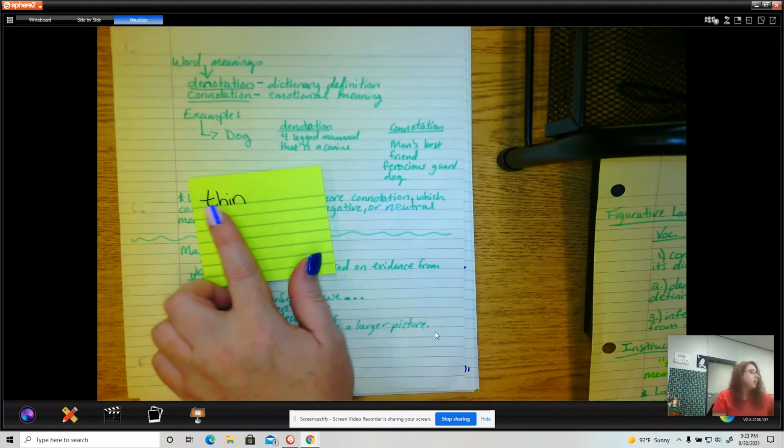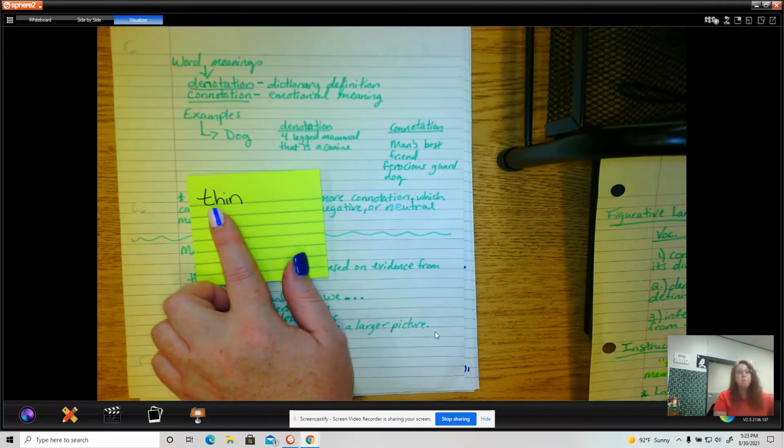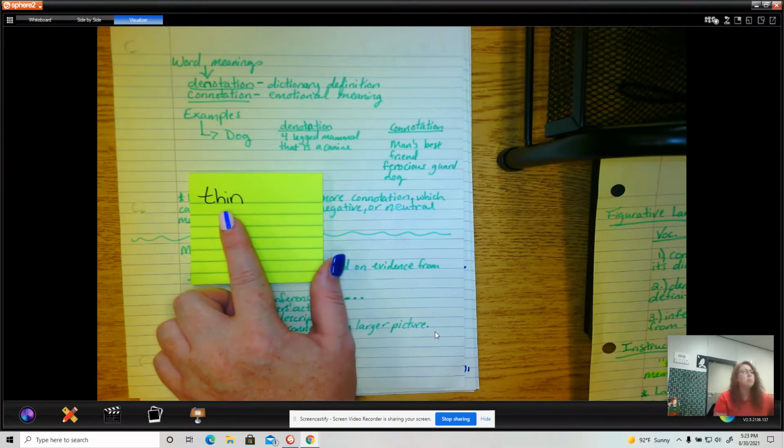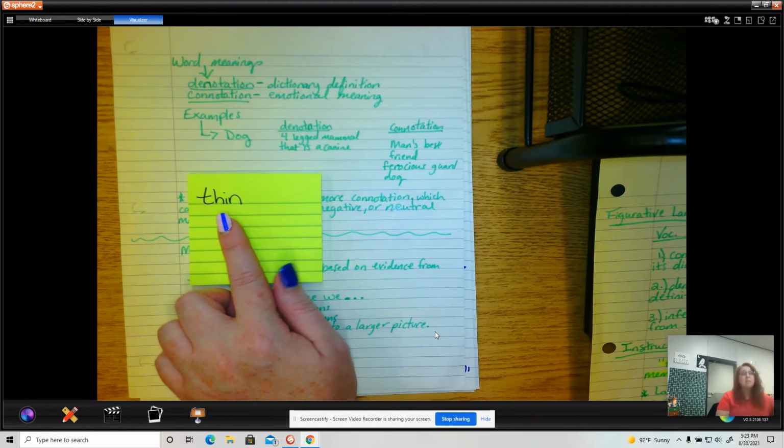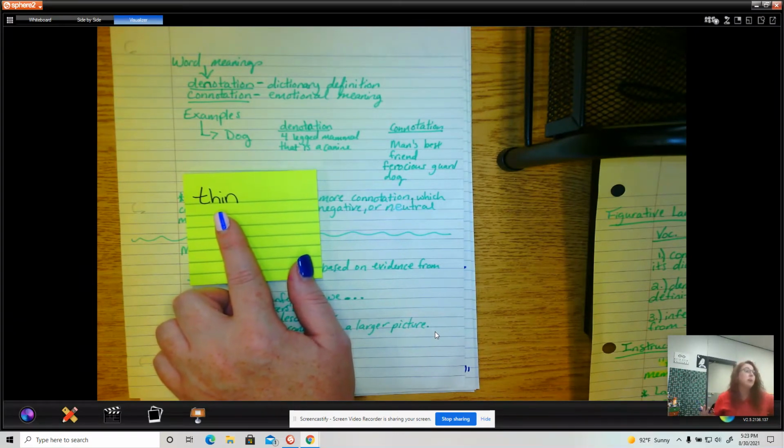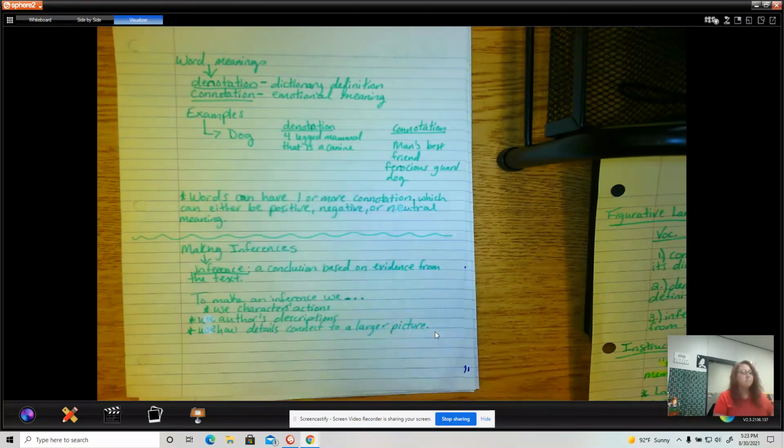It can have a positive, a neutral, or a negative meaning depending on your experience. You may have a negative reaction to this word because you don't like to be called thin. You may have a positive meaning because it means that you've been working out and you've been doing great.